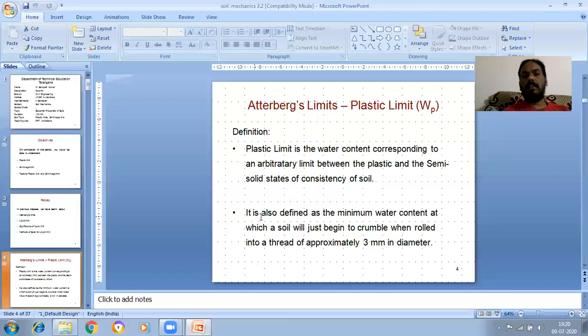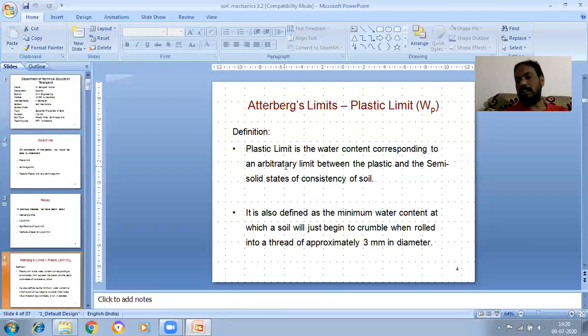Otherwise, we can also define the plastic limit as the water content, the minimum water content at which the soil is still in plastic state. If we further reduce the water content, what will happen? The soil is converting into semi-solid state.